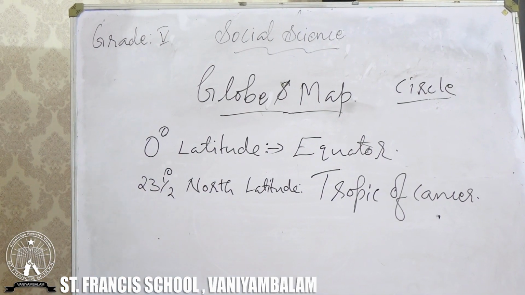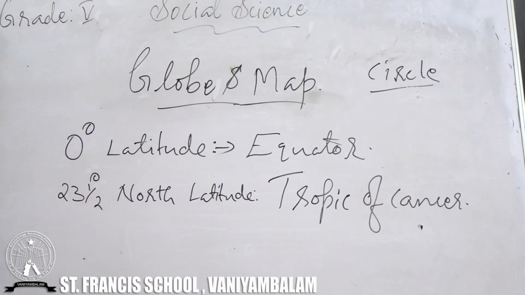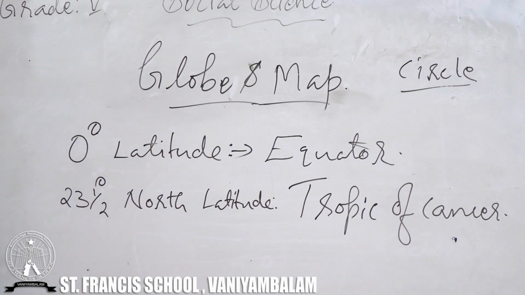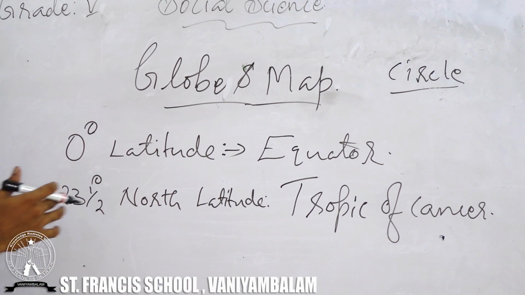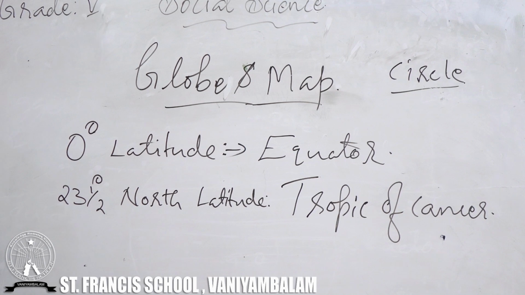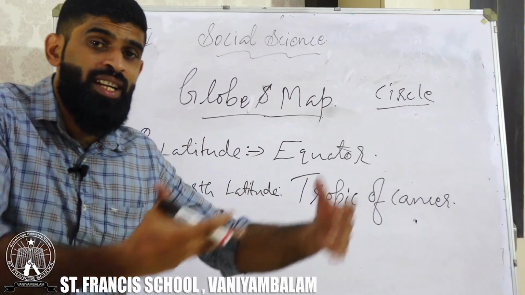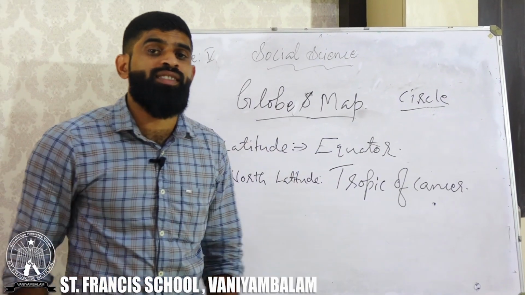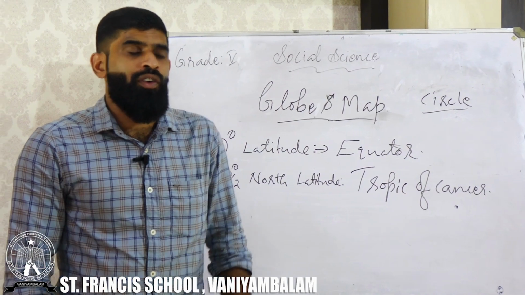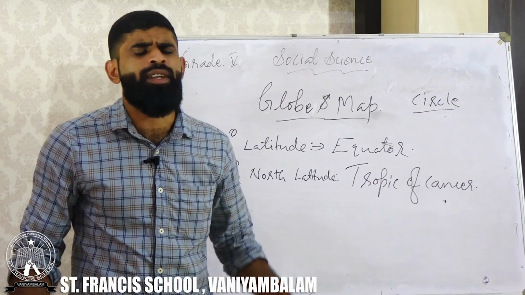Two important parallels we learned, which we also require even in 10th standard. These lines are used for understanding climatic changes, for finding sea routes, for finding routes on land, for many matters.